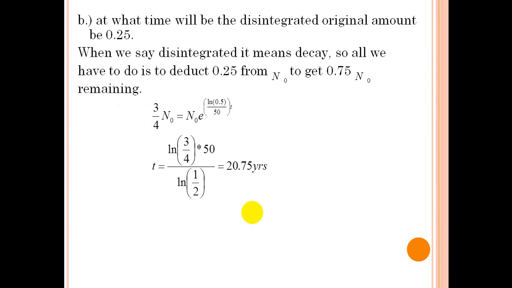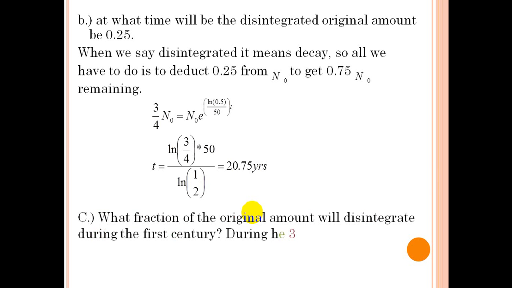With this, our unknown variable is t, so all we have to do is to divide both sides by N sub o, which is canceled here, and applying natural logarithm again, we obtain the value of t, which is equal to 20.75 years.